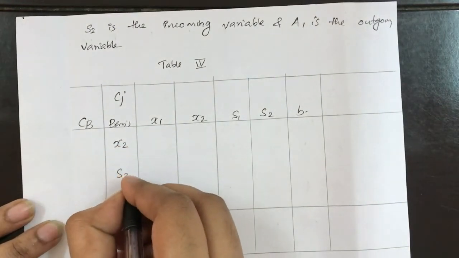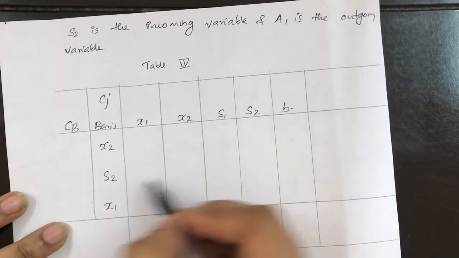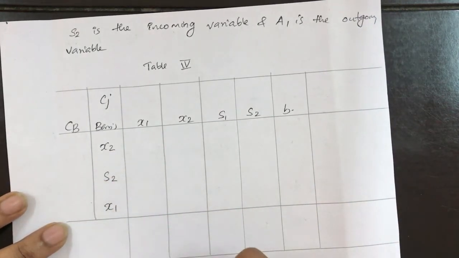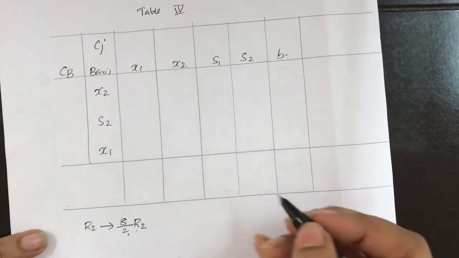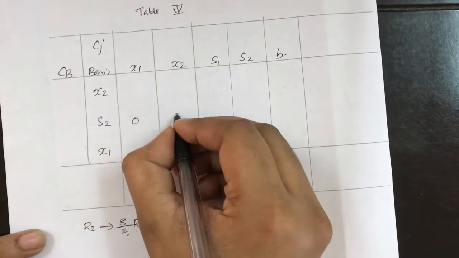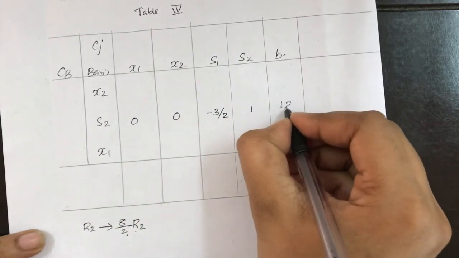The entire R2 is multiplied by 8 by 2. So the second row will be 0, 0, minus 3 by 2, 1, 12.